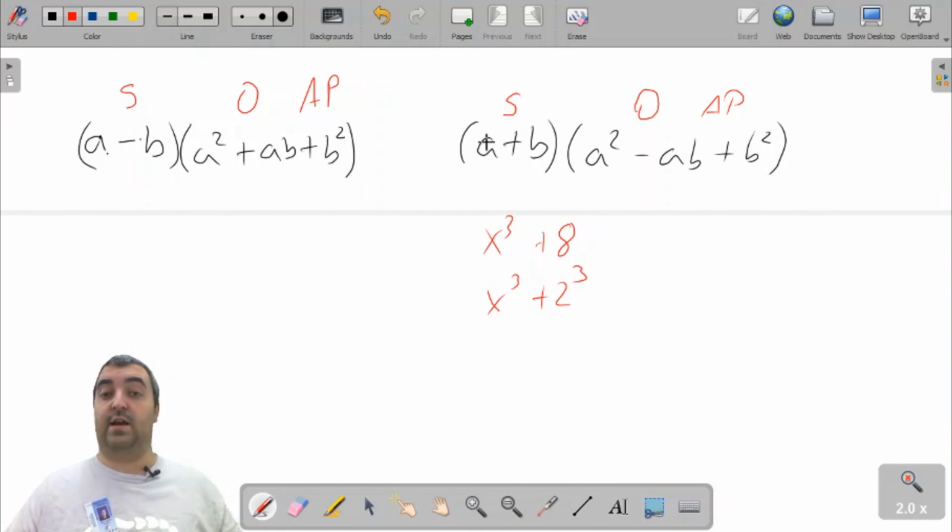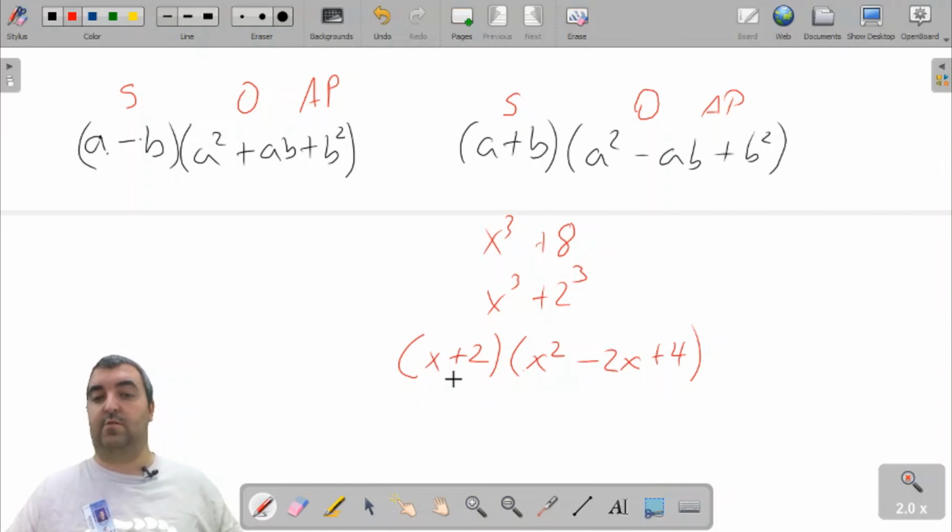Now my a value is x and my b value is 2. So we go ahead and do the factoring. It'd be x plus 2 because it's the same. Then x squared minus, it's the opposite, 2x plus 4. That's going to be our answer, that's the factored form.